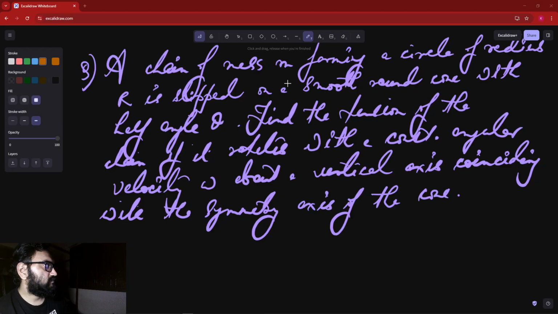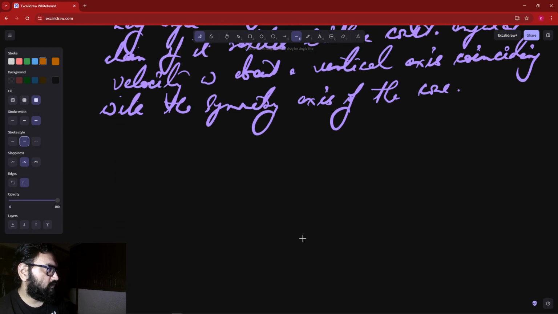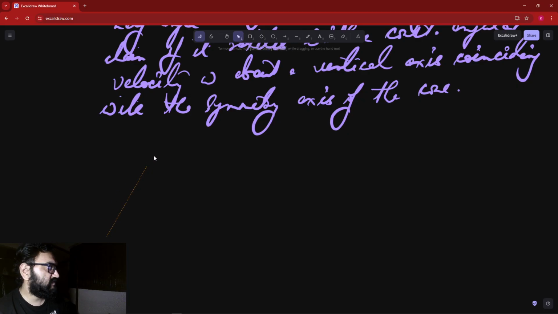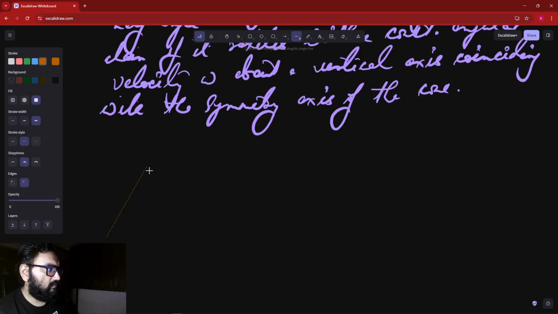Okay, so let me draw the cone first. This is the slant surface of the cone. This is the other slant surface of the cone.